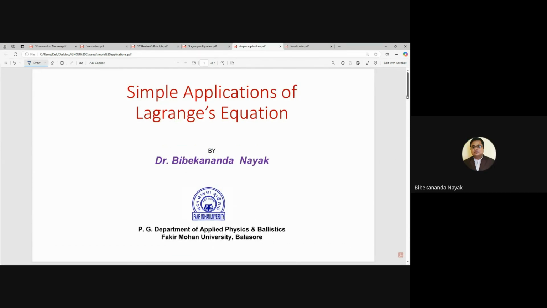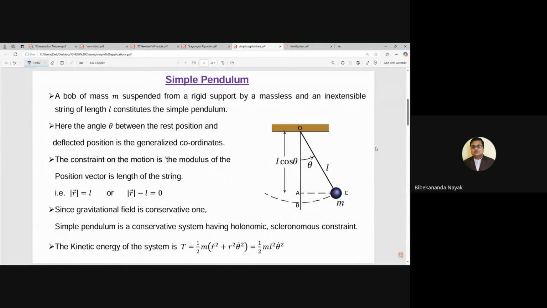Simple applications. First application: the simple pendulum. We have to find the equation of motion of the simple pendulum using Lagrange's equation.